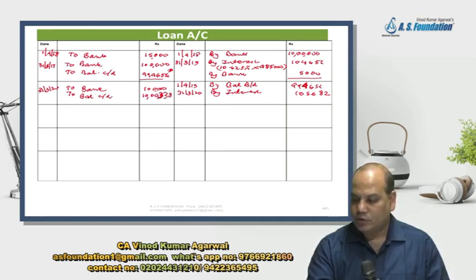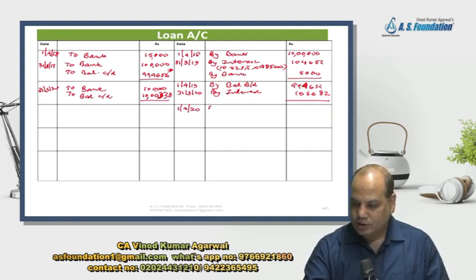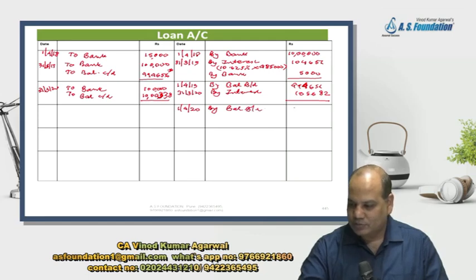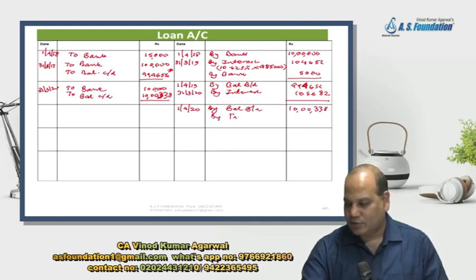Is it right? 1000338. Then write 1/4/2020, by balance brought down 1000338. By interest, anyone in by interest? 106,286.